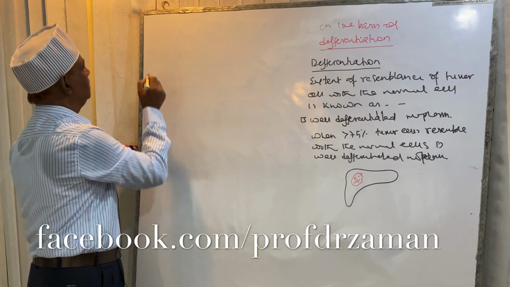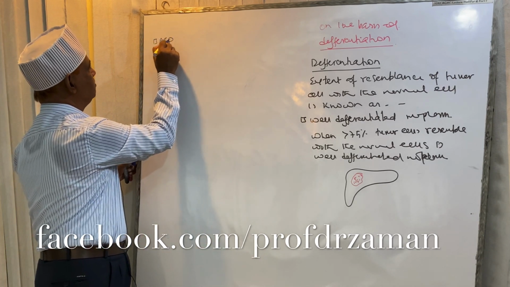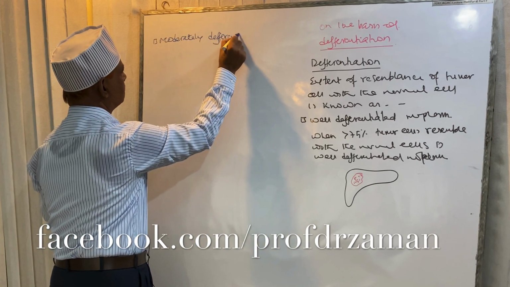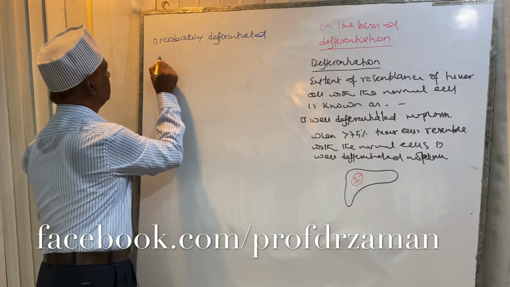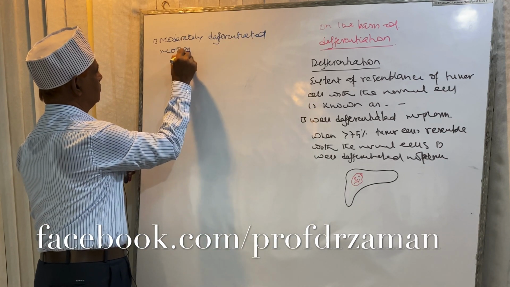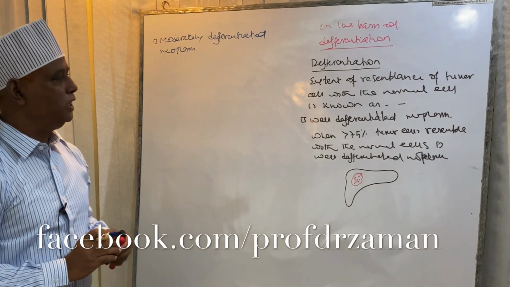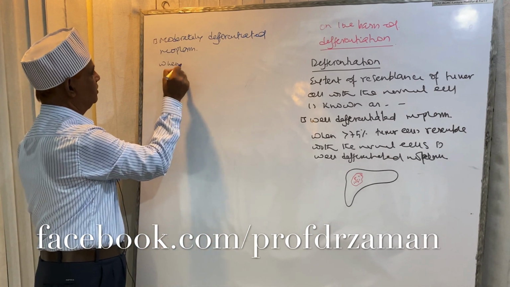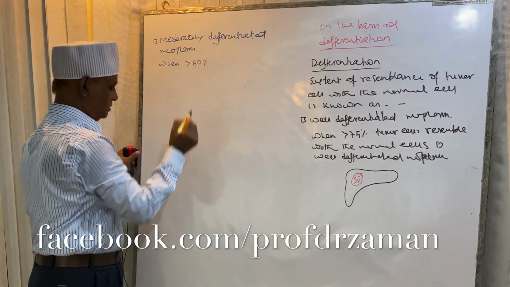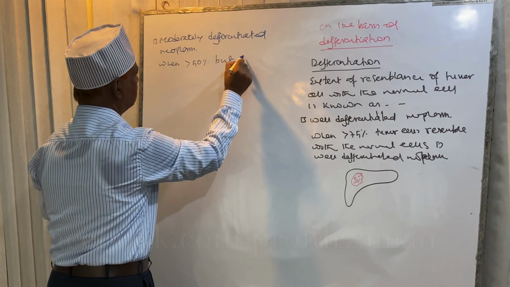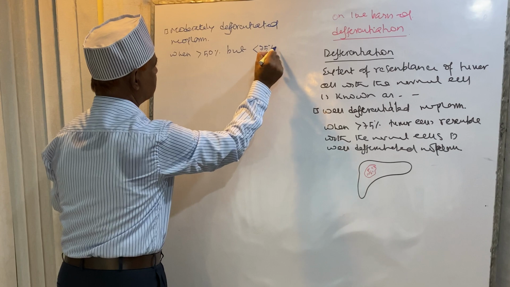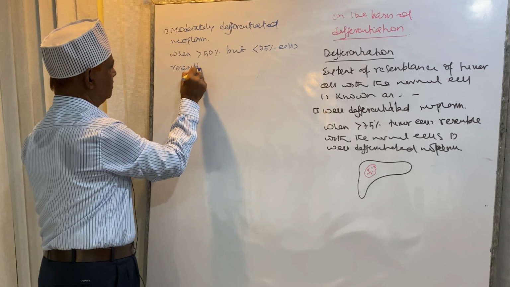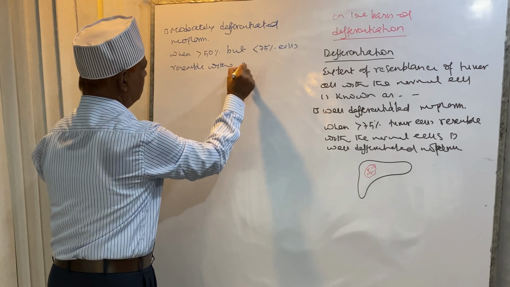Then, moderately differentiated neoplasm. We call a neoplasm moderately differentiated when more than 50% but less than 75% of neoplastic cells resemble normal cells.